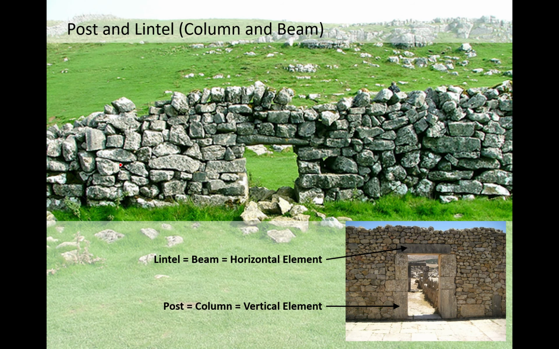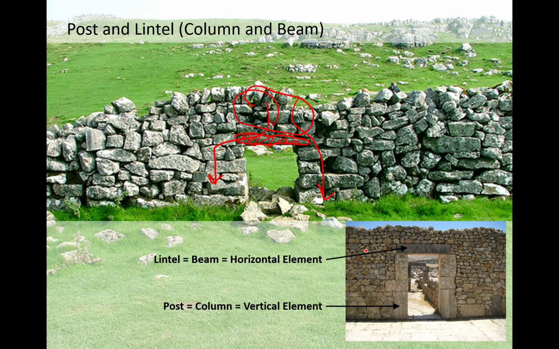So here's another illustration of a masonry or stacked stone. In this case, it's a little wall, and you can see that header there. That has to be strong enough to be able to take the weight of all these stones and distribute it horizontally so it can go into the ground. And you can see the same thing happening here.